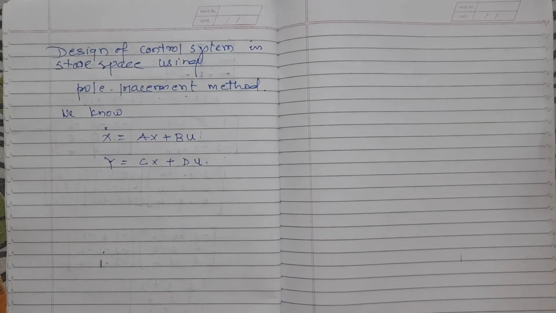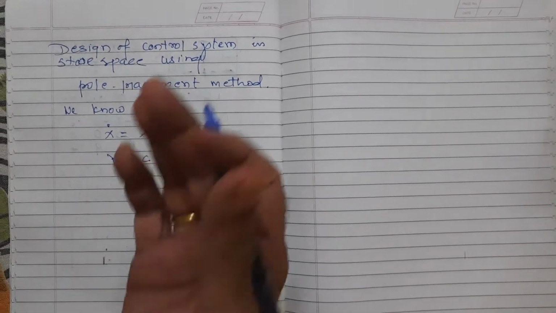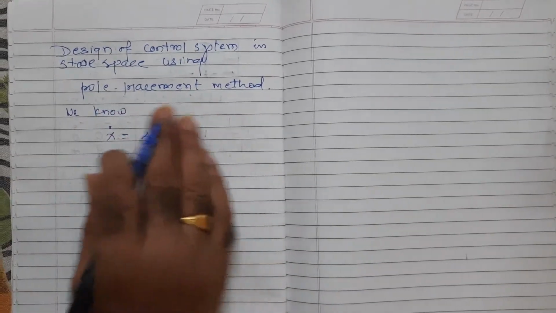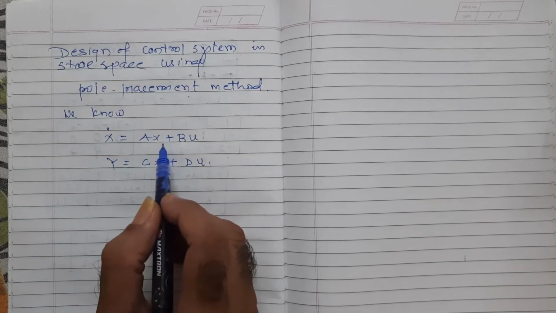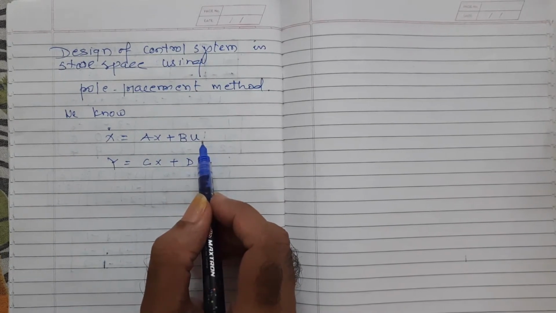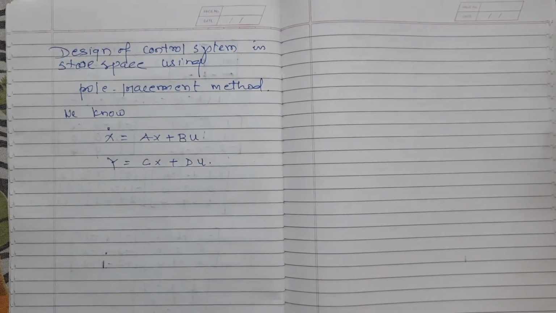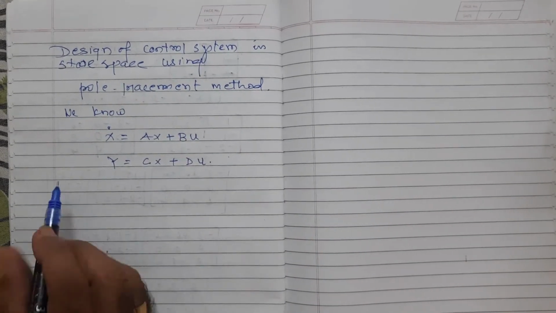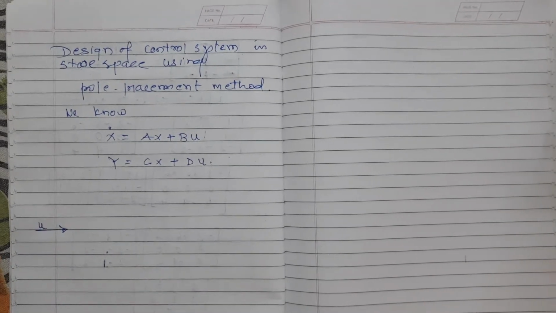Now see here, this equation we will convert into the block diagram. x dot equals Ax plus Bu, and u is my reference input. So first we will put here u, that is my reference input.